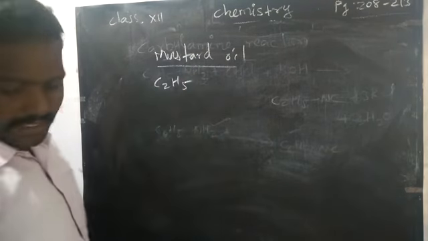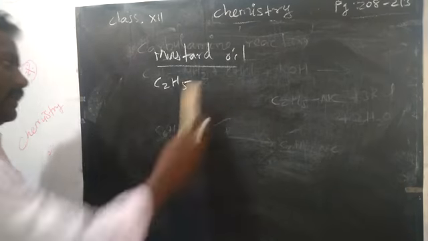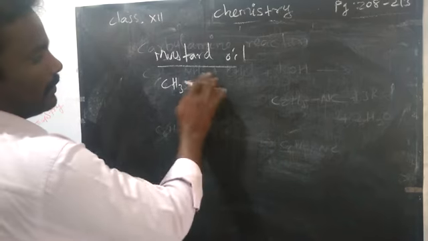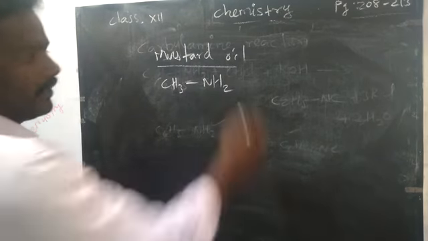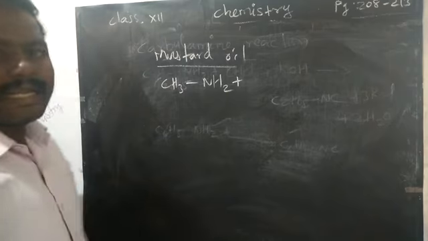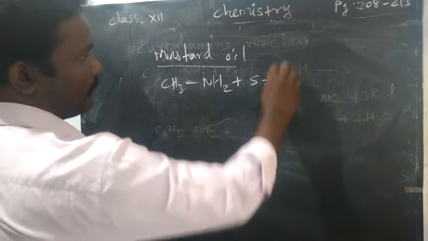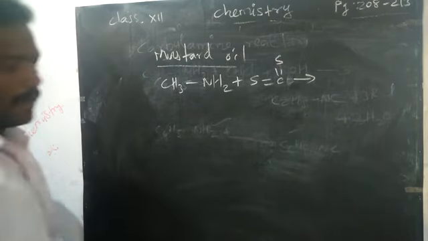C2H5NH2, that means ethylamine. In our book they have taken methylamine, so we can take methylamine, no problem. CH3NH2, methylamine, is treated with carbon disulfide, C double bonded to S, for time purposes I am writing the terms.